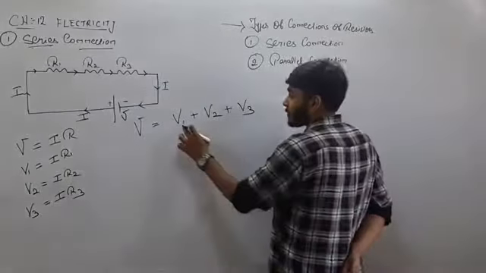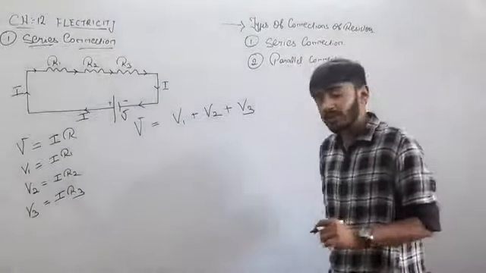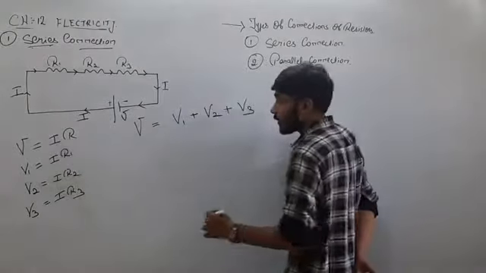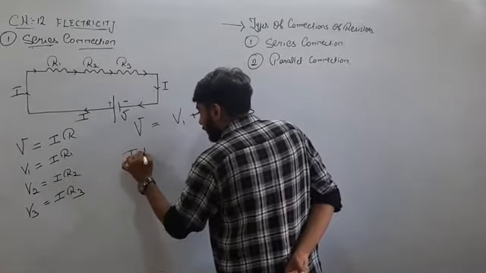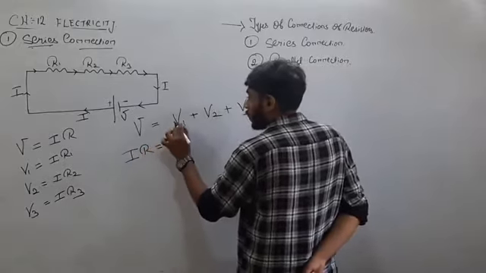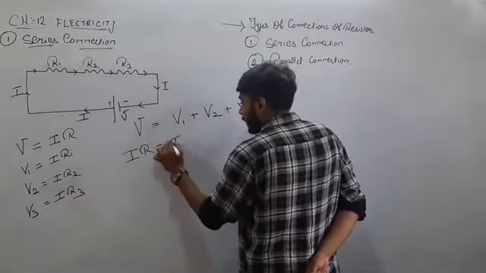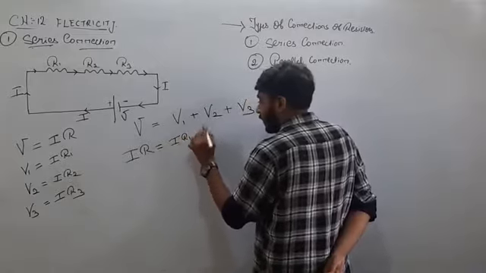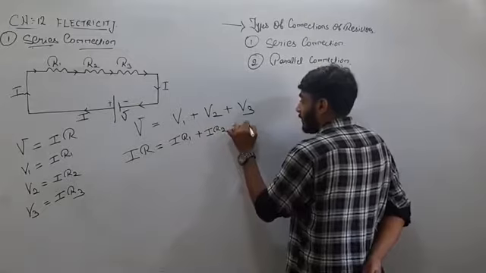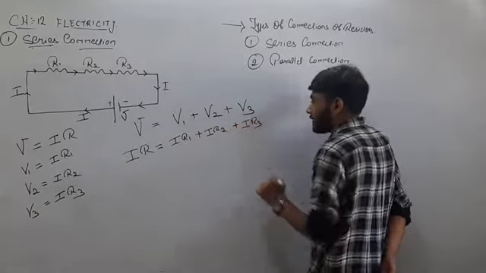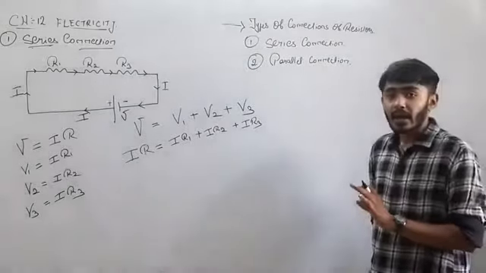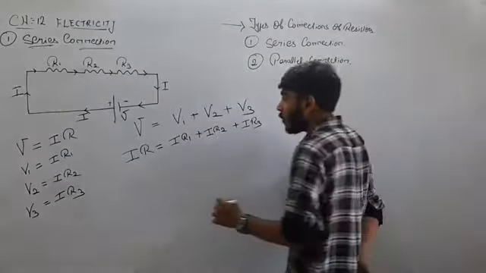Now we can substitute the values for V1, V2 and V3 as well as V. V can be written as IR, and V1 is IR1, plus for V2, IR2, for V3, IR3. So IR equals IR1 plus IR2 plus IR3. Now what happens?